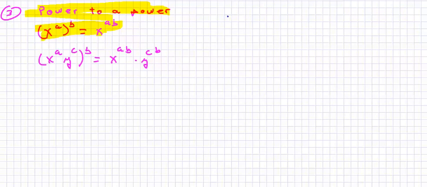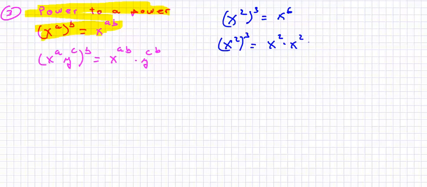If I have x to the second raised to the third power, the rule says that's x to the sixth. What is x to the second raised to the third power? Well, it's x to the second times x to the second times x to the second, 3 times, or x times x, x times x, times x times x.